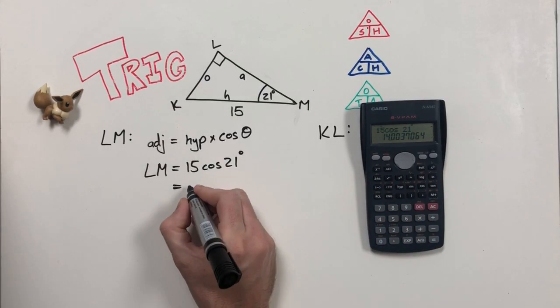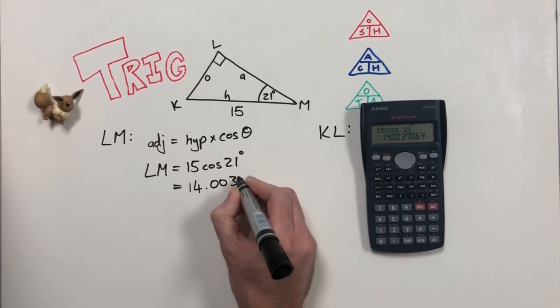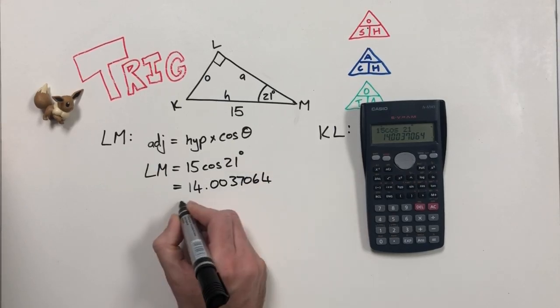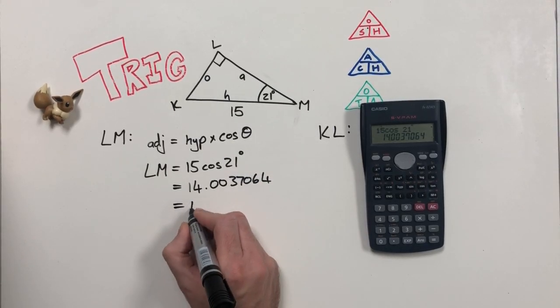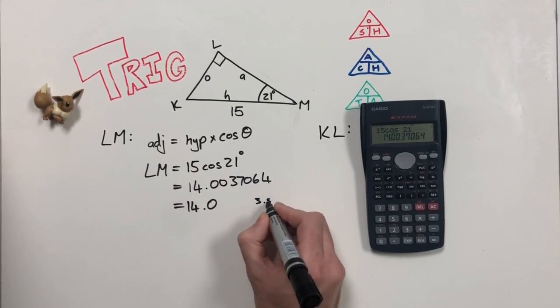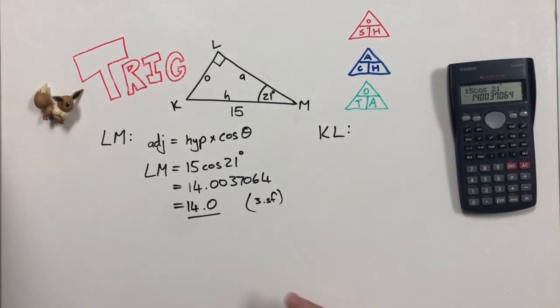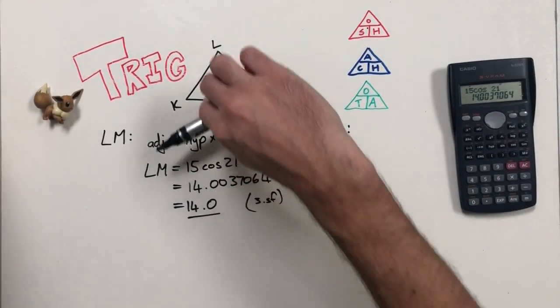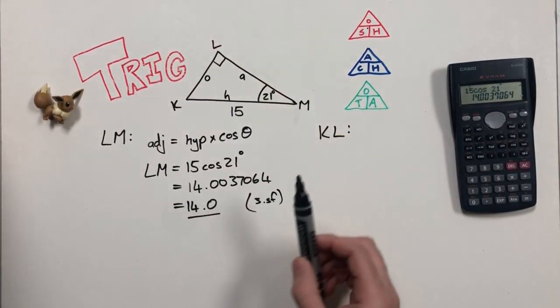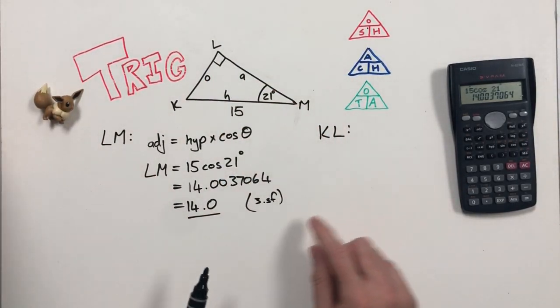Oh, what a nice number, 14.00376064. It's going to round lovely to 3 significant figures, so I can just write 14.0. Okay, that was fairly easy. So the difficult part was just, oh, the triangle is in a different direction, etc. But it's still just name our triangle accordingly.